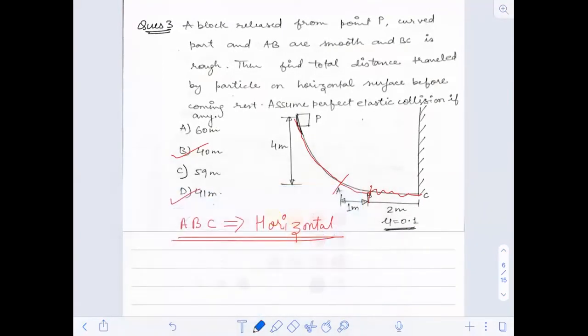So how actually are we going to do this? Clearly at P point, the particle has a potential energy, correct?